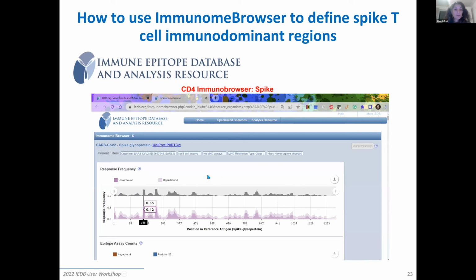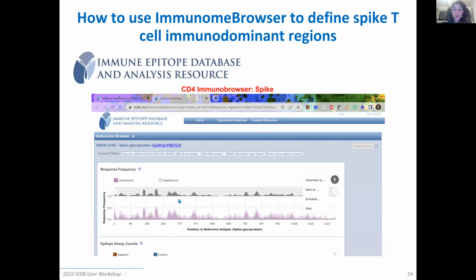The first type of data that it is going to show you is the response frequency. The IEDB calculates not only the response frequency, but also the confidence interval. So essentially, what is the range of your interval? This is what I show you here. You have a cursor, and that allows you to check per each amino acid position what the interval is, and your response frequency is essentially in between those two.